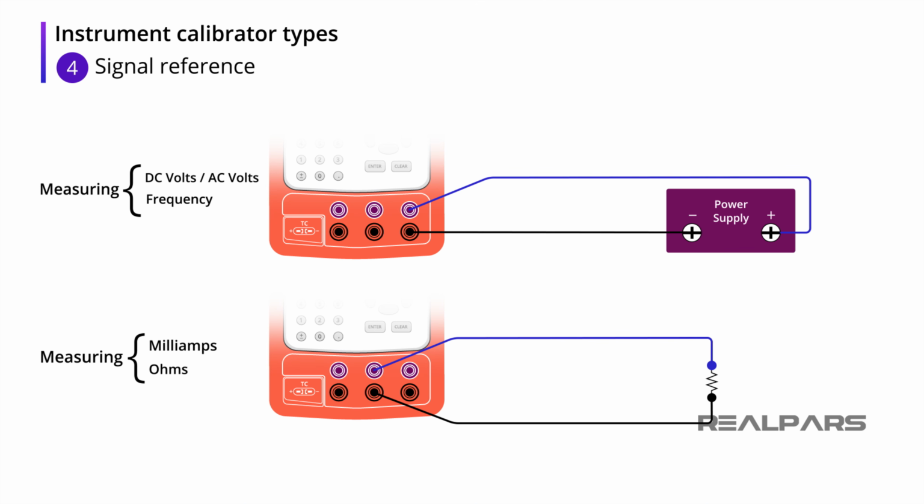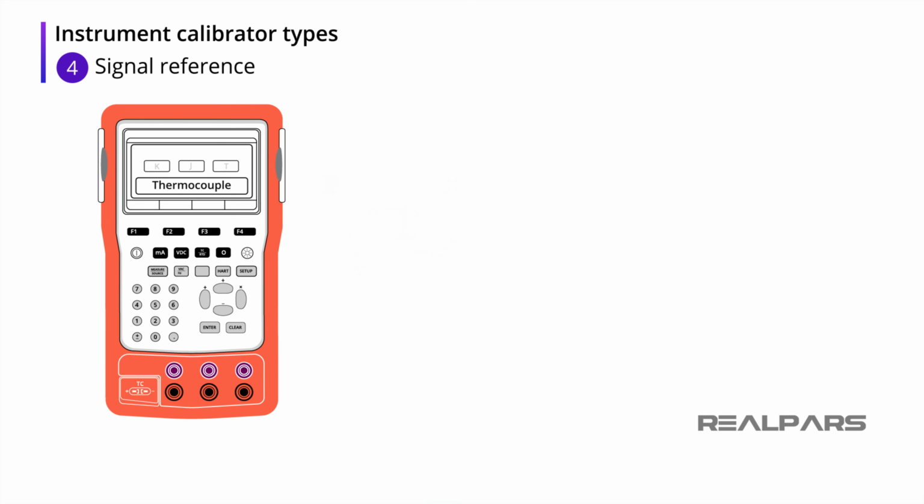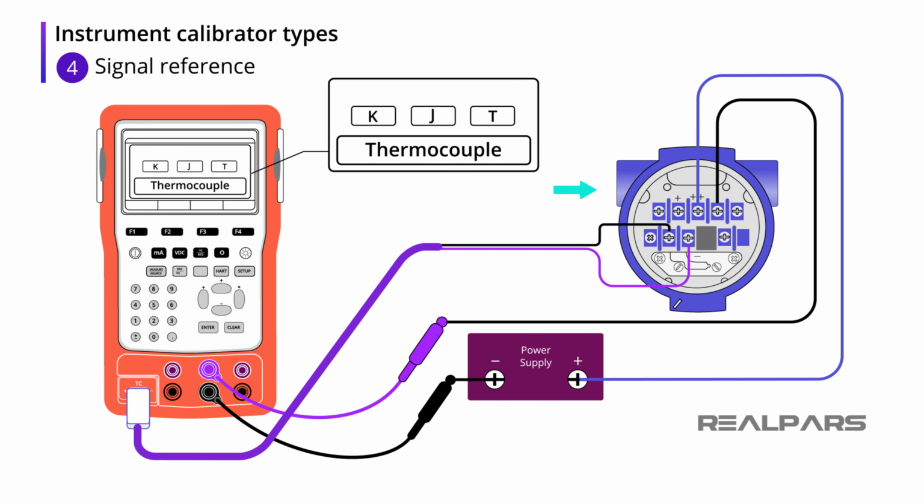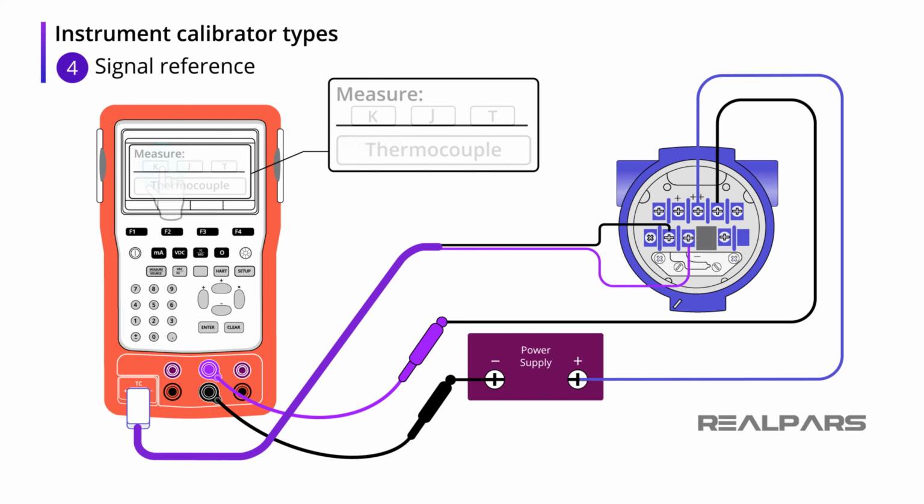And, just to make them more versatile, many signal reference calibrators also perform measurement functions similar to a digital multimeter. These multifunction calibrators are very useful. For example, a thermocouple transmitter can be calibrated across its entire temperature range using the thermocouple simulation function of the calibrator. The user selects the thermocouple type on the calibrator and enters the required simulation temperature.